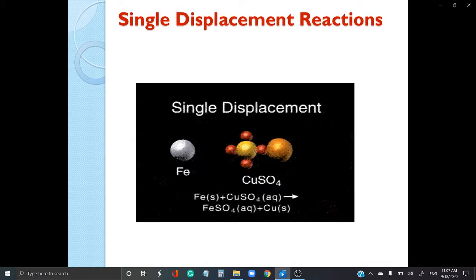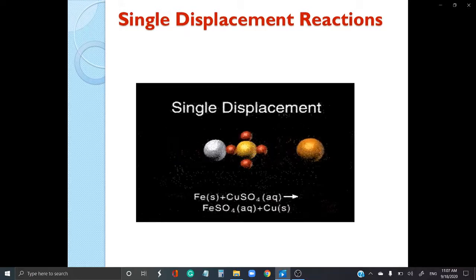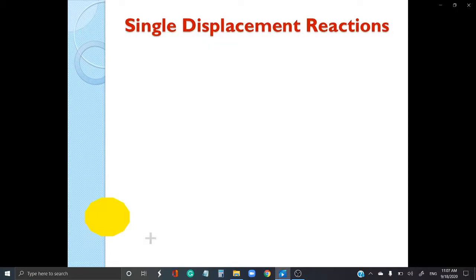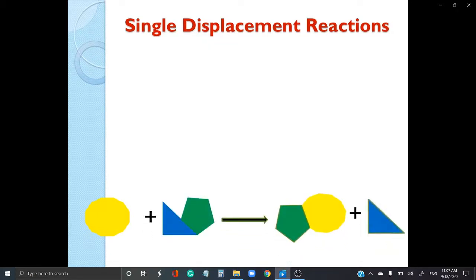What is actually happening here? One powerful species displaces weaker species. Observe this also. Again, what is observed? One powerful species displaces another.